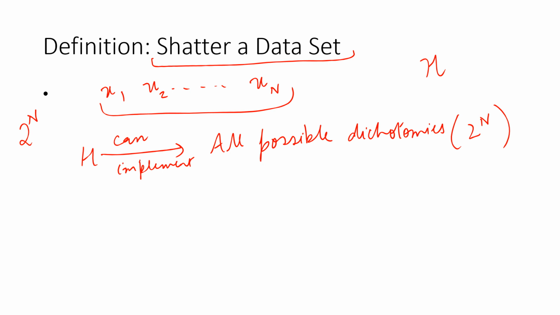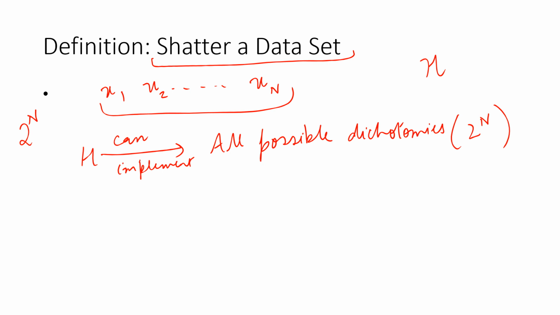We have seen that certain hypotheses can shatter all 2 to the n, and some shatter fewer than 2 to the n. So essentially, if we can implement all possible dichotomies with H, then we say that H has shattered that set of points.